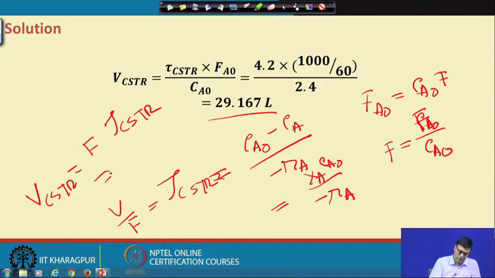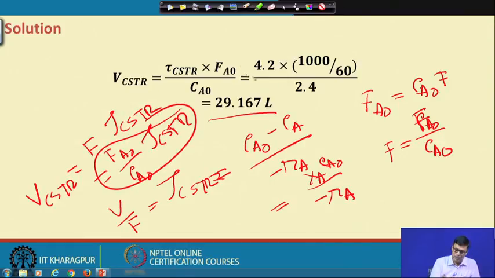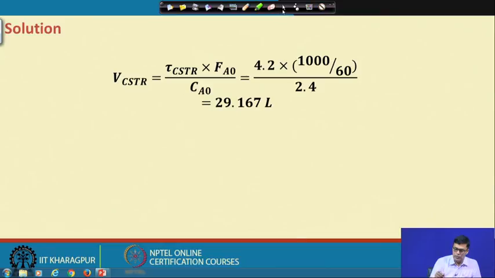So, I can write this as FA0 by CA0 into tau CSTR. So, this is how it has come, this is how we have written it here, and when we put the values here, we can easily calculate the volume of the reactor.